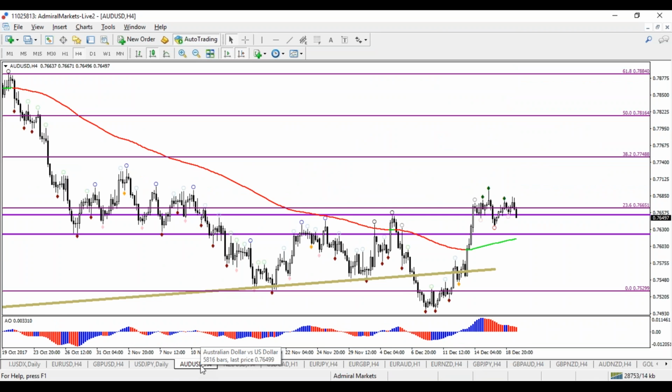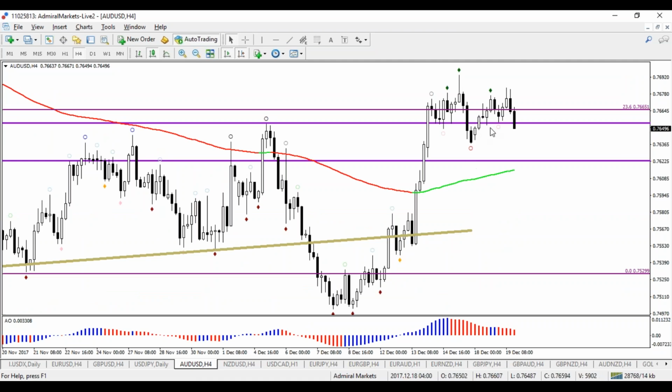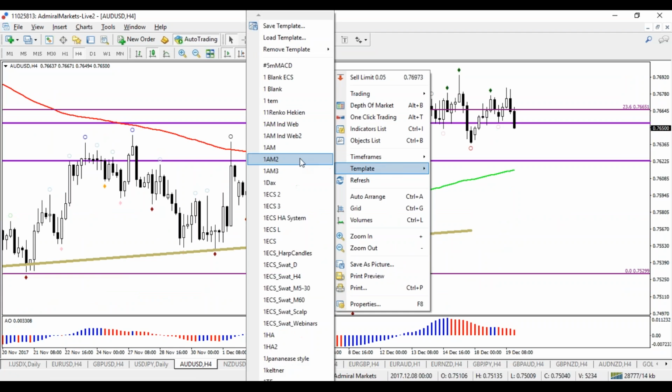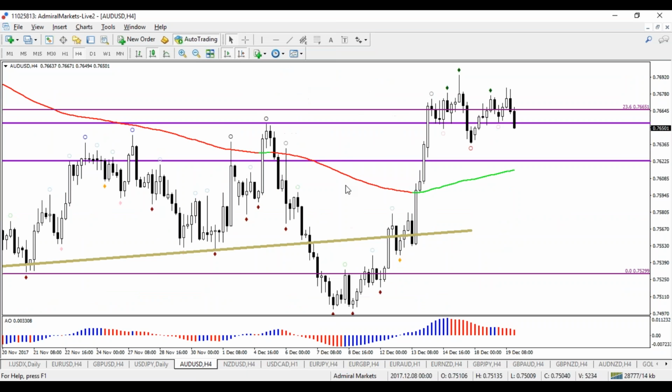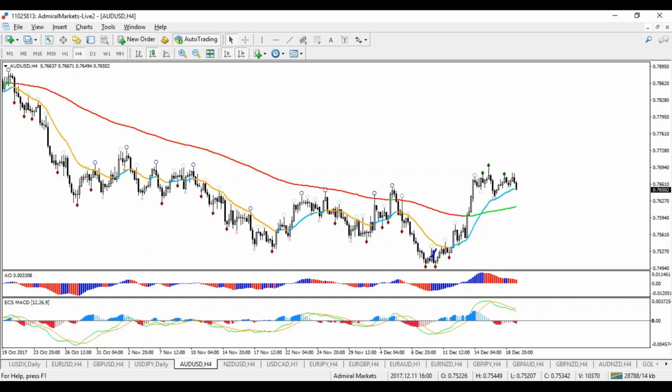Alrighty, so Aussie is looking bearish at the moment. It's trying to break through the fractal, and that could offer some downside potential. All right, so it is strong momentum to the upside, that's true, but it looks like the bulls are losing control.